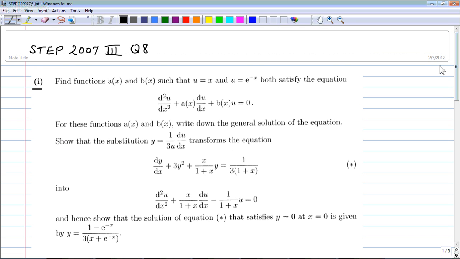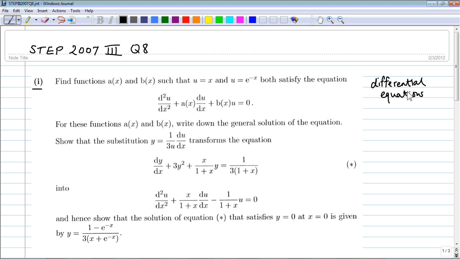Let's first of all observe the topic. The topic is differential equations. Now, of course, you can look at the specification document, which is like the syllabus, if you want to double check what knowledge is expected on this topic in STEP.